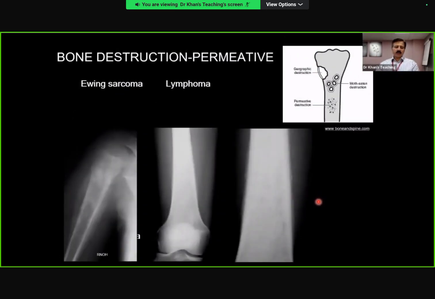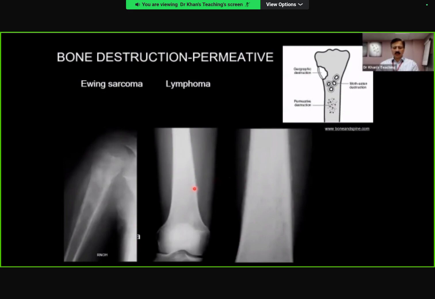In the exam, the most difficult one, and many cases have come in the exam in the past, is this type of permeative bony destruction. They will show you cases in which there will be a subtle finding. Permeative bony destruction is, though the most aggressive, the most difficult to see radiologically.